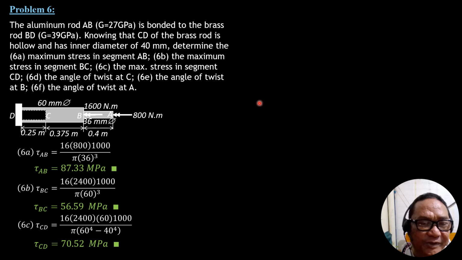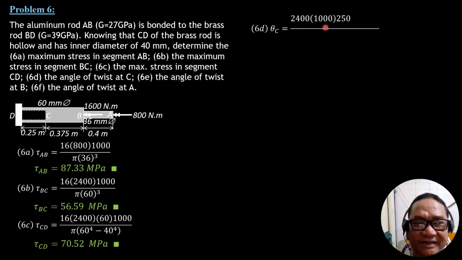The angle of twist at C. So this is C and the reaction here is 2400. So 2400 torque length over GJ. So theta C is torque 2400 times 1000 to convert it to Newton mm. The length is 250 mm, 0.25 meter.